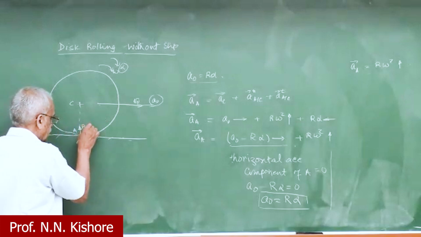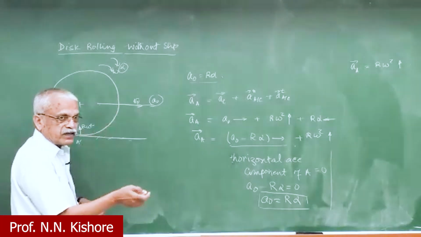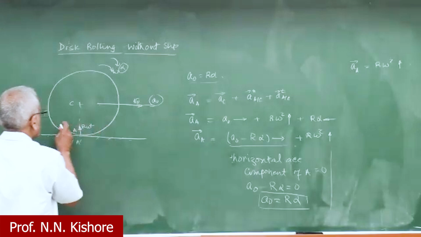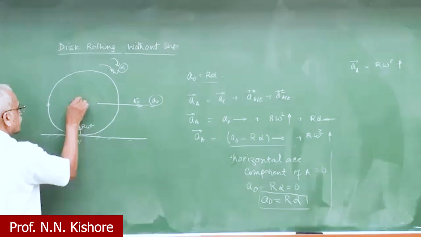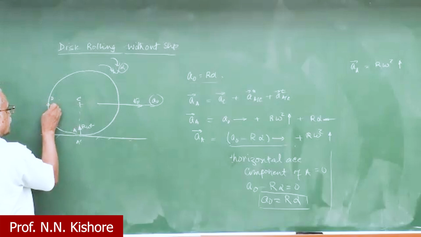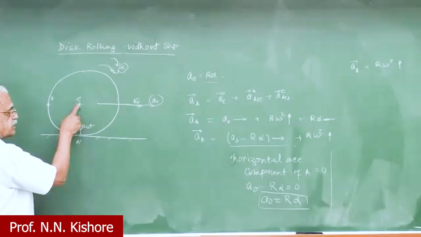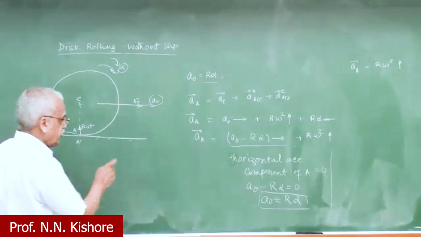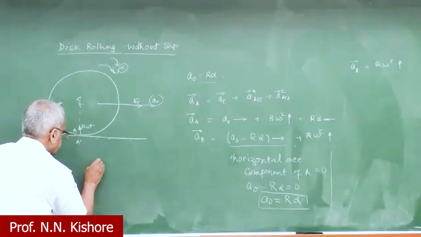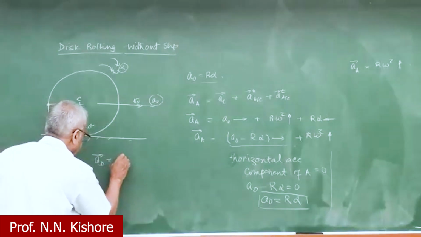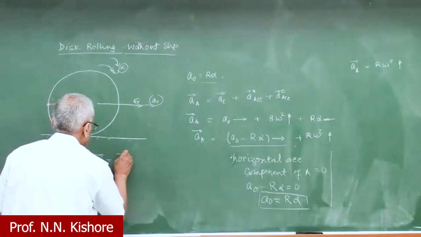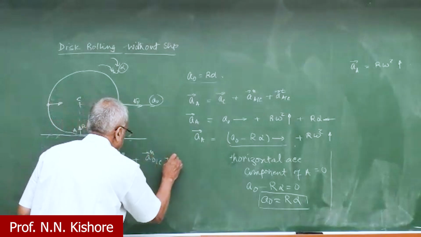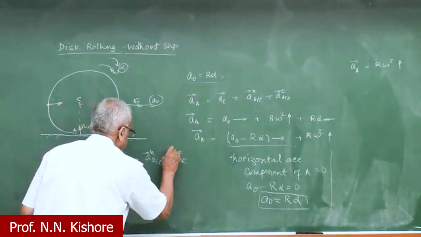So this acceleration component is R omega square here. And what about any other point? Now that you are quite conversant and quite expert in all these things, for example, this point here, this is point D. So it has the acceleration of C, right? And the acceleration of D is nothing but the acceleration of C plus D with C, the normal component, and D with C, the tangential component.